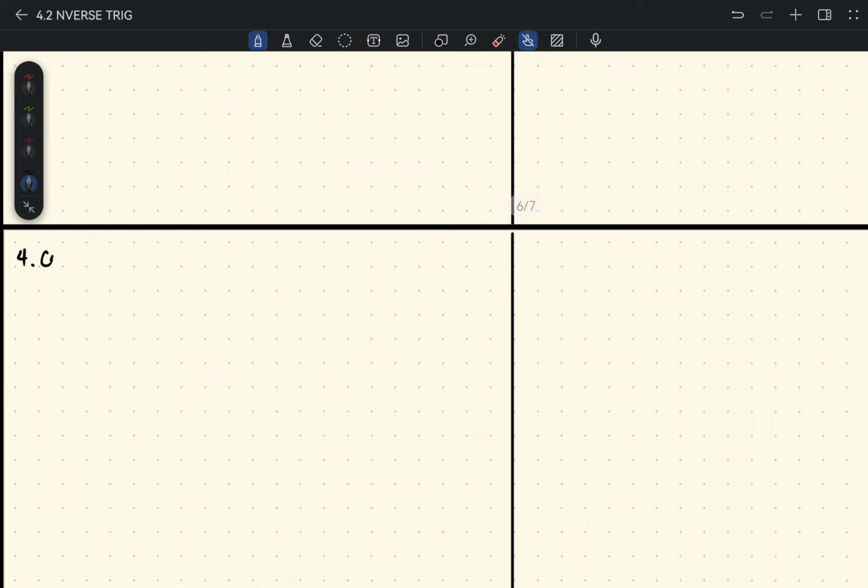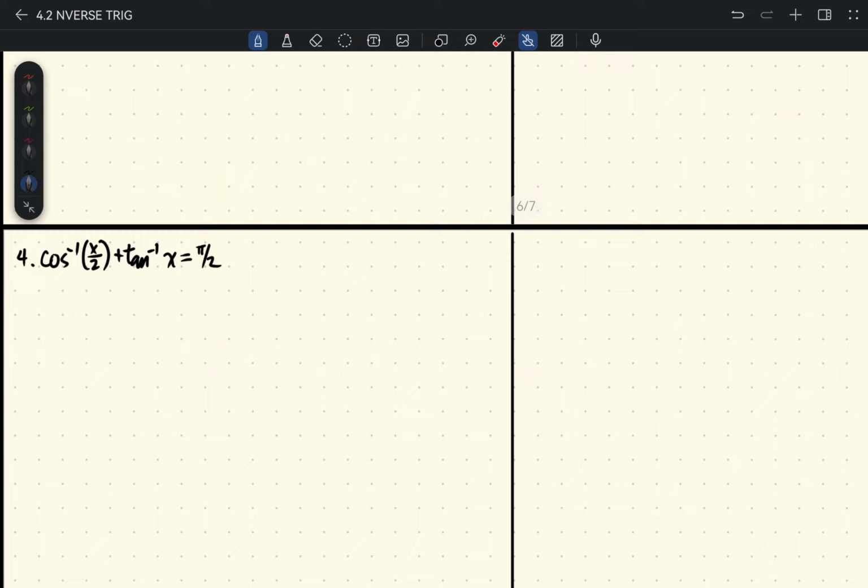For number 4, we have cosine inverse of x over 2 plus tangent inverse of x equals pi over 2. This one right here is a little bit more difficult than number 3.